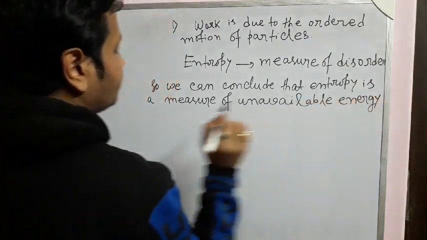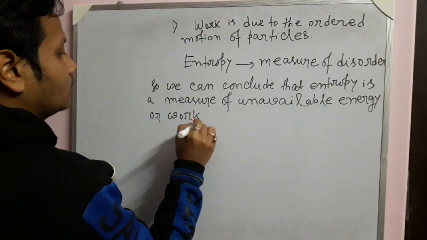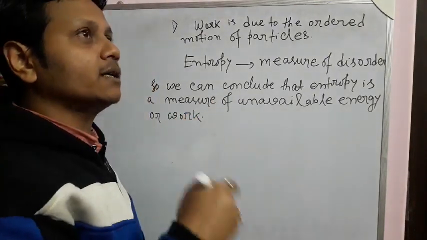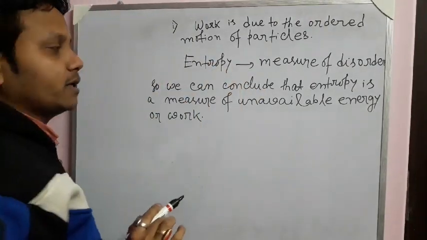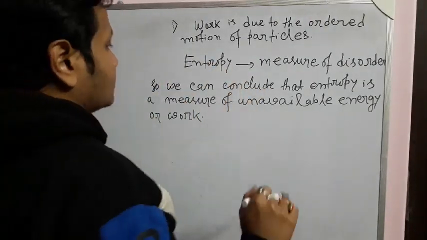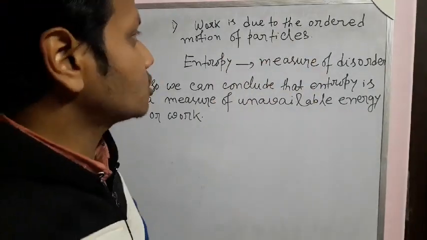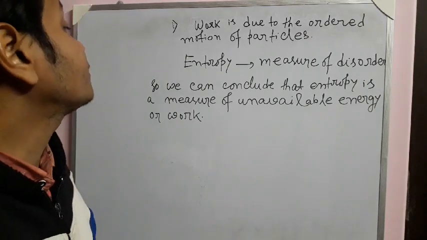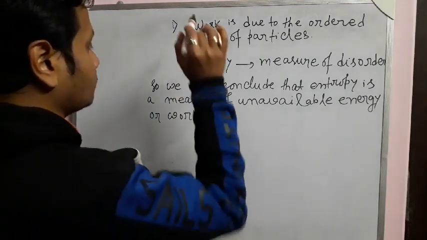Later we will explain it more accurately by taking a suitable example. So we all know that work is due to the ordered motion of the particles and entropy is a measure of disorder. So clearly it is a measure of unavailable energy of a system. So this is one property.